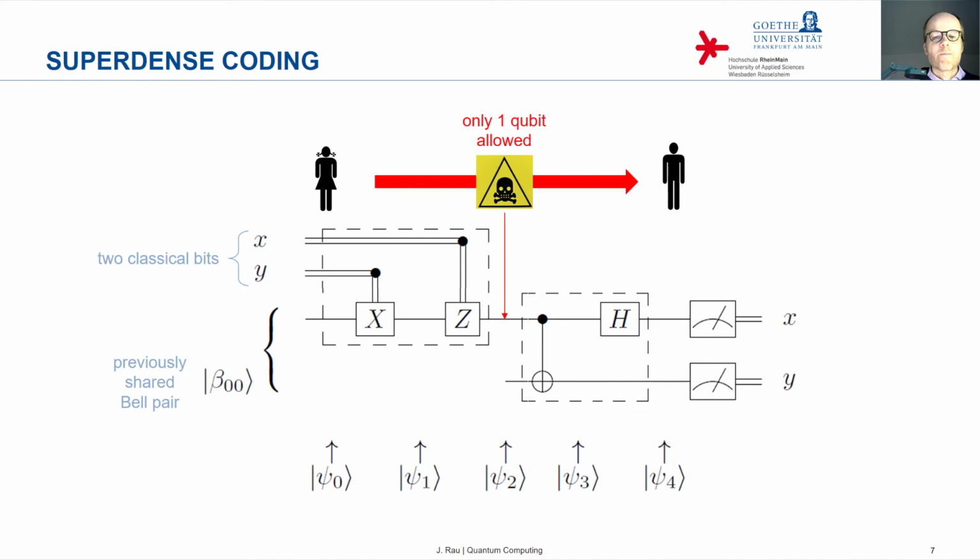So when Bob then measures in the standard basis, he recovers the classical bits x and y. And that's the magic trick. That's sending 2 classical bits with 1 qubit, using the trick of a previously shared Bell pair.